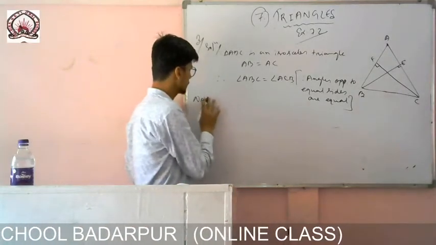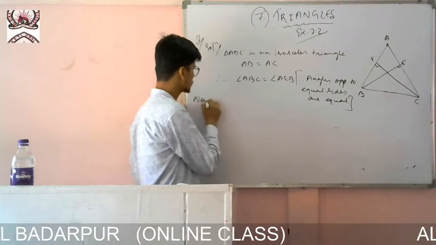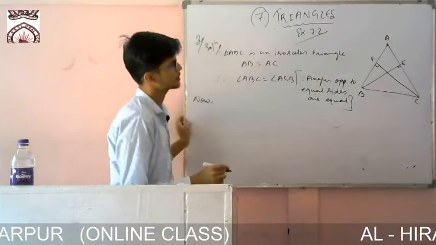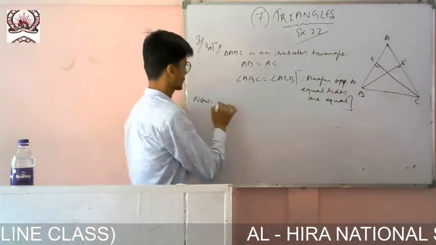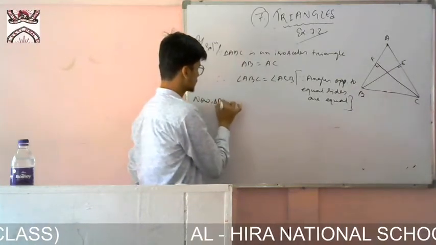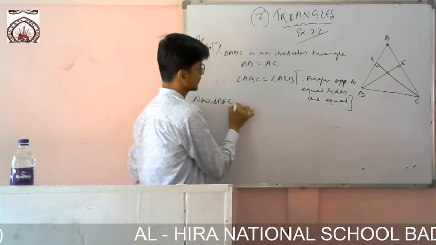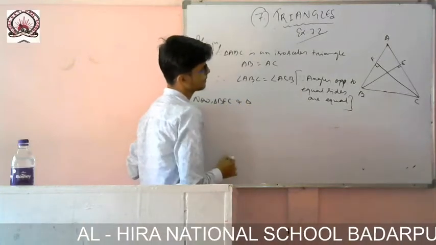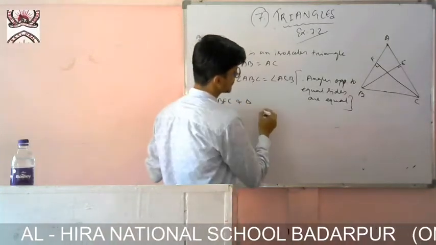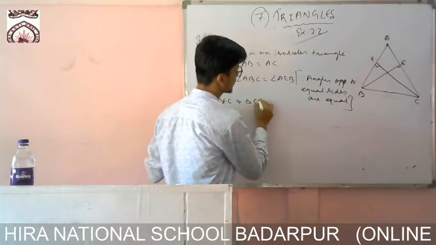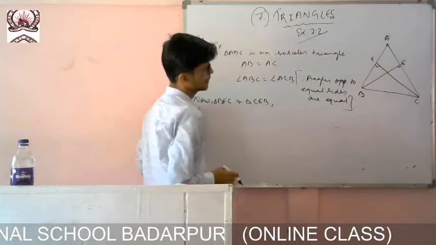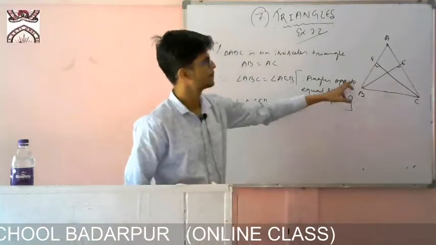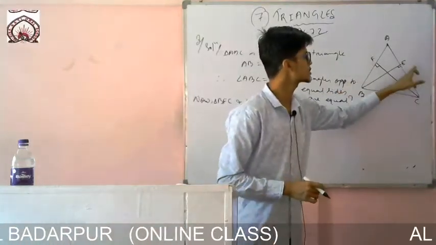I will prove that these two triangles are congruent. So now in triangle BFC and triangle CEB.